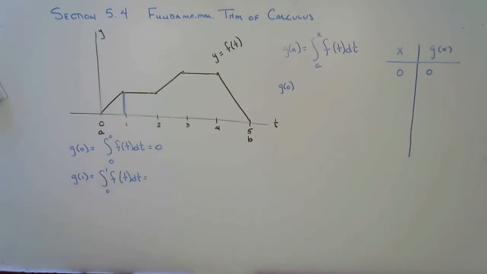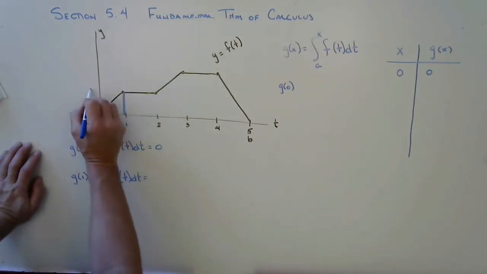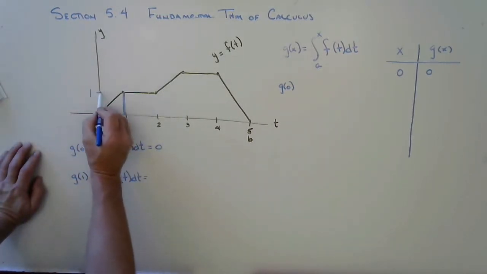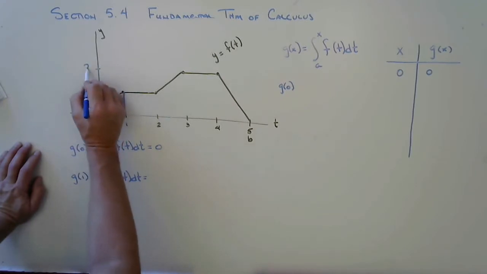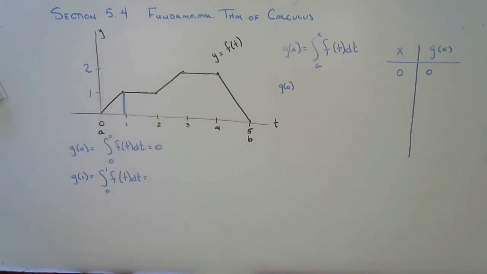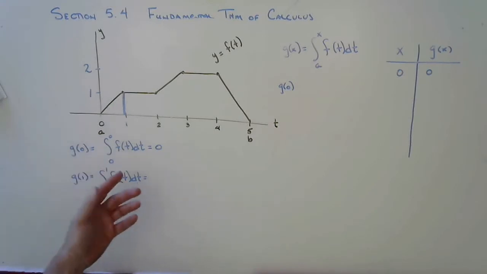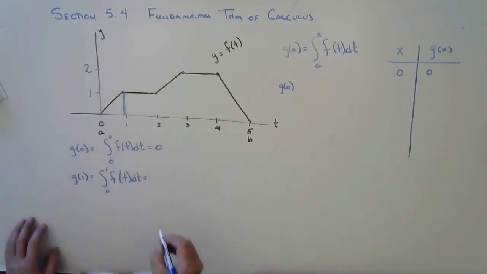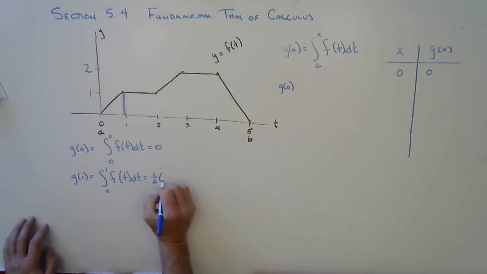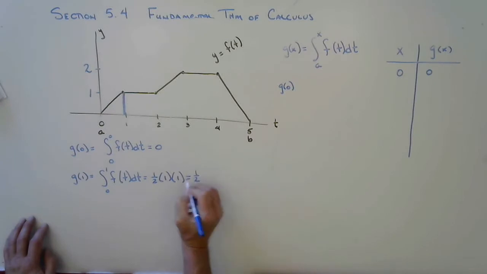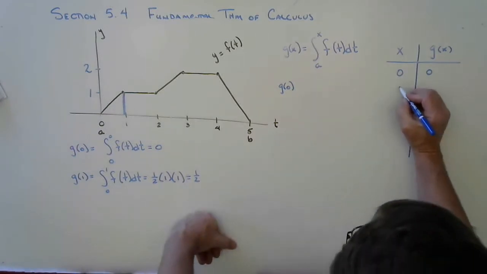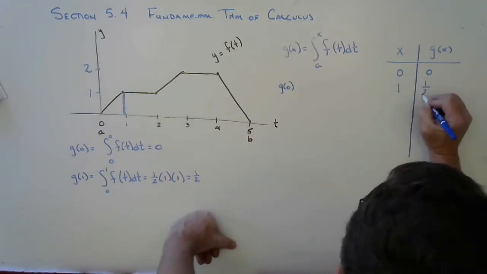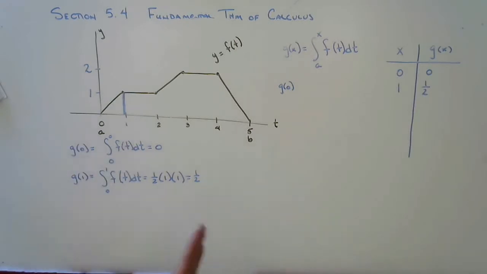Now we know the area of that triangle because I said that was going to go until it was 1 high. This right here is 2 high. So we know the area of this triangle based on what we learned in geometry, half a base times height. The base is 1, right? So we can write that out. It's half the base times the height. So we get g of 1 to be a half. So when we put a 1 here, we get a half. Do you see how we say we're accumulating the area? That's okay. We're going to do another example.